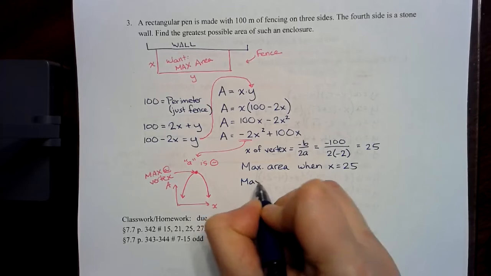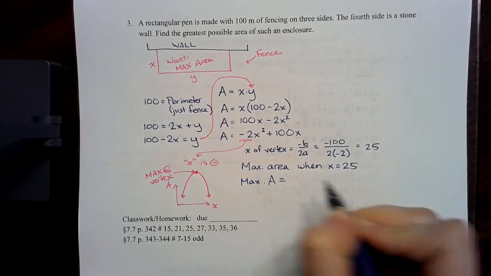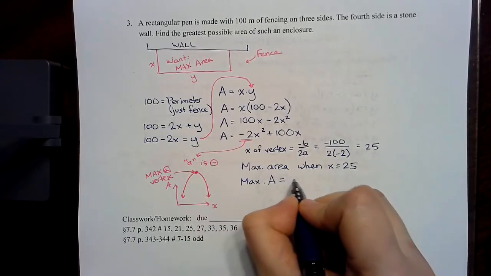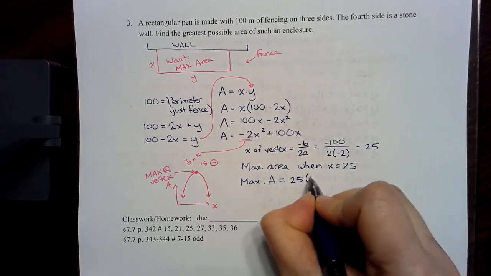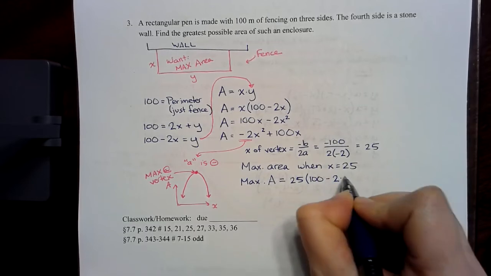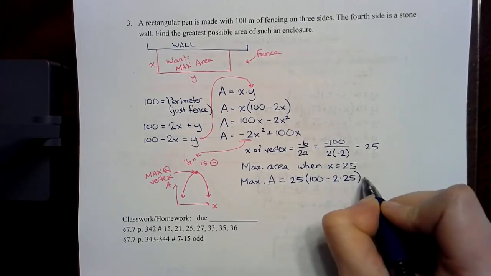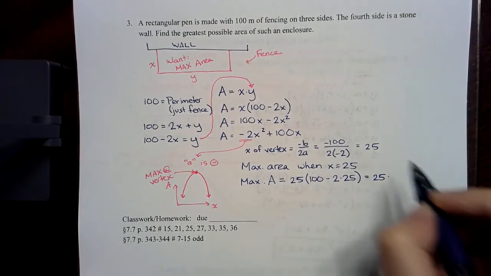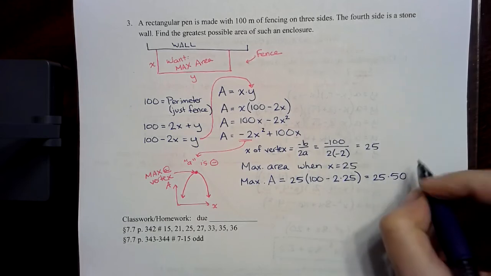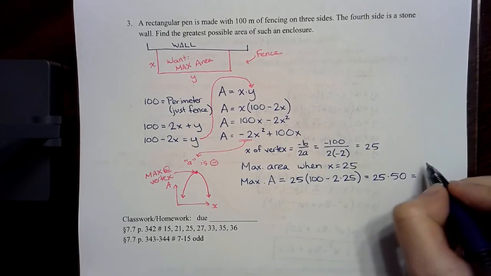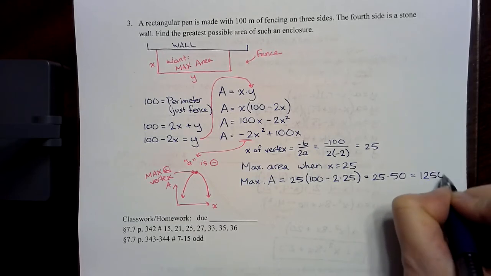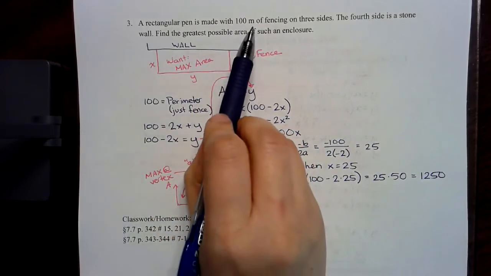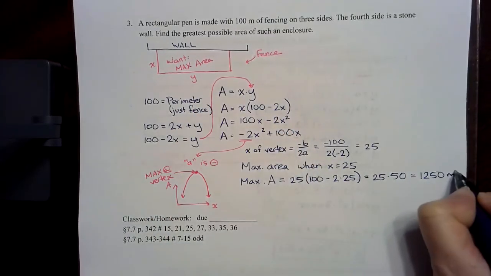So that maximum area is going to be, and I'm going to plug it into this factored form because I think it's going to be easier, 25 times (100 minus 2 times 25), which is 25 times, well, 2 times 25 is 50, 100 minus 50 is 50, which is going to give me 1,250 with some units. The lengths are meters, so the area will be meters squared.